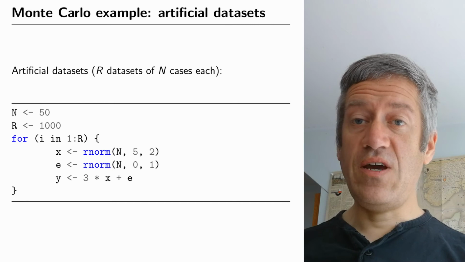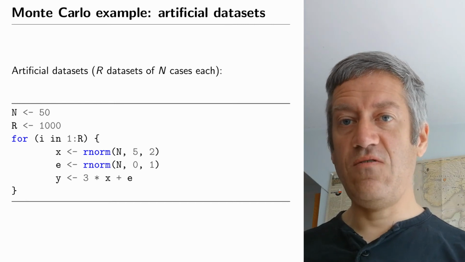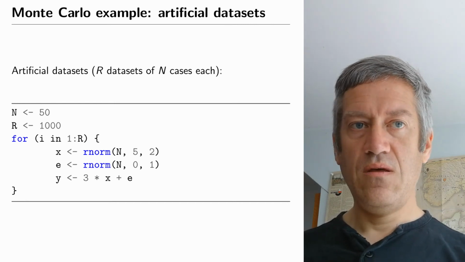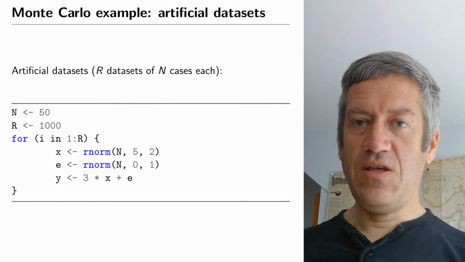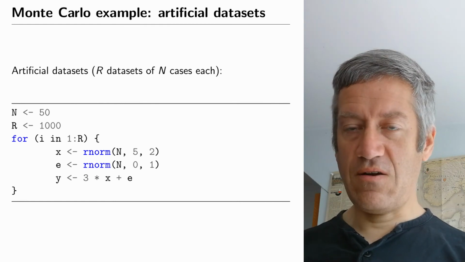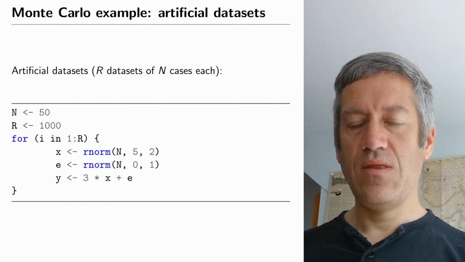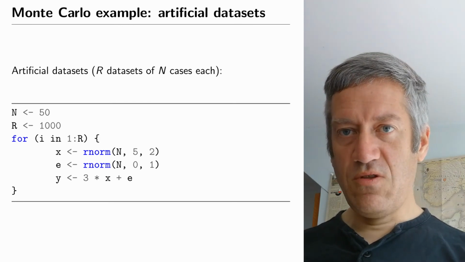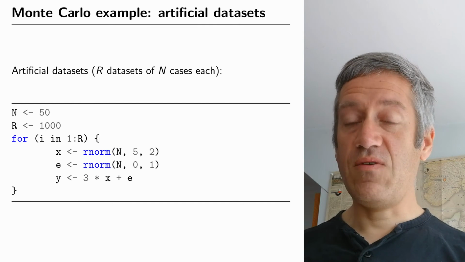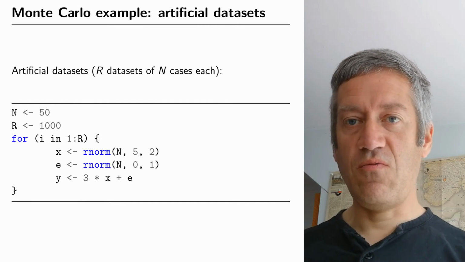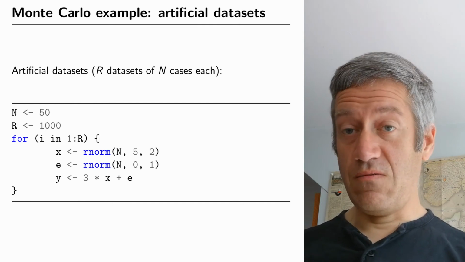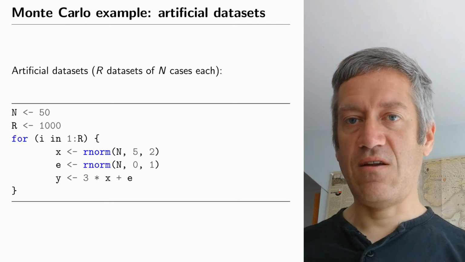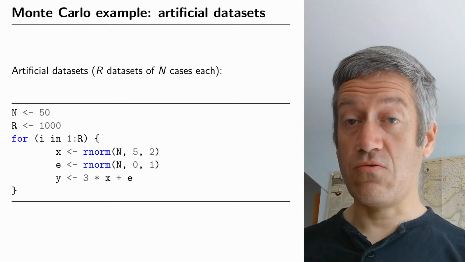So here we create 1,000 fake data sets, each with a sample size of 50. So each time we randomly sample x, we randomly sample the errors, and then we calculate y. And so we have 1,000 different sets of x and y, and we can then run regressions on those to see how well they do in recovering the fact that the intercept was 0 and the regression coefficient 3.